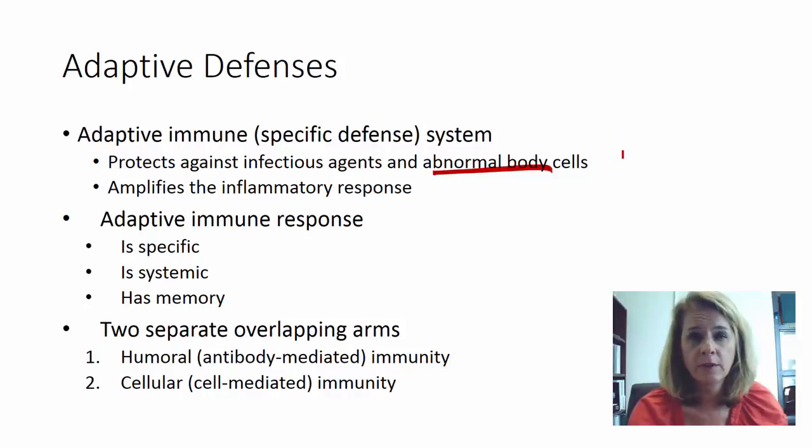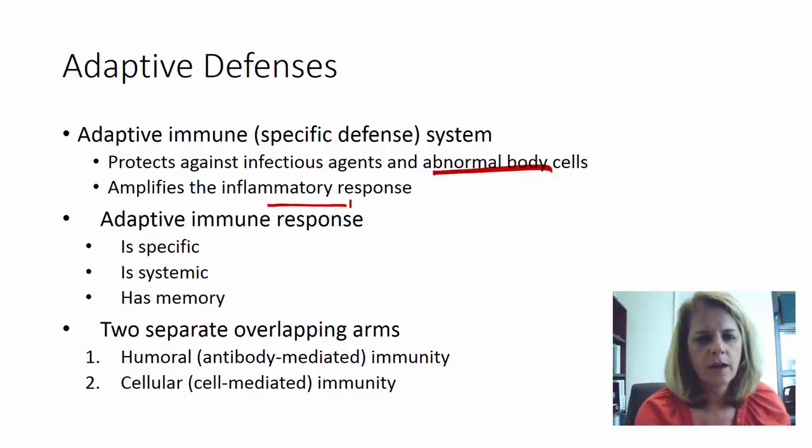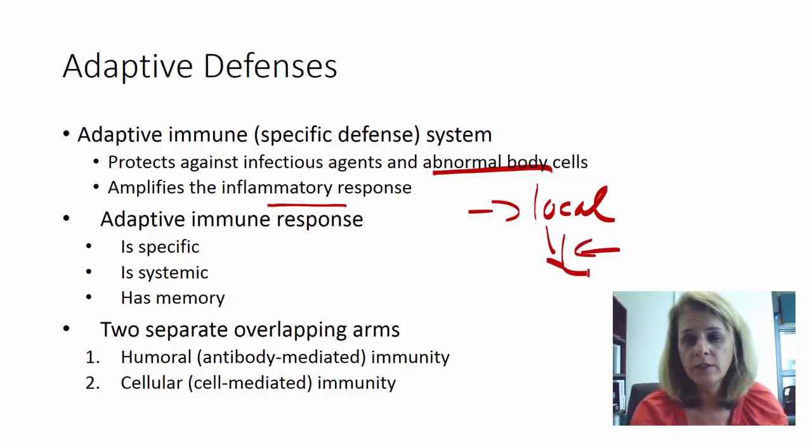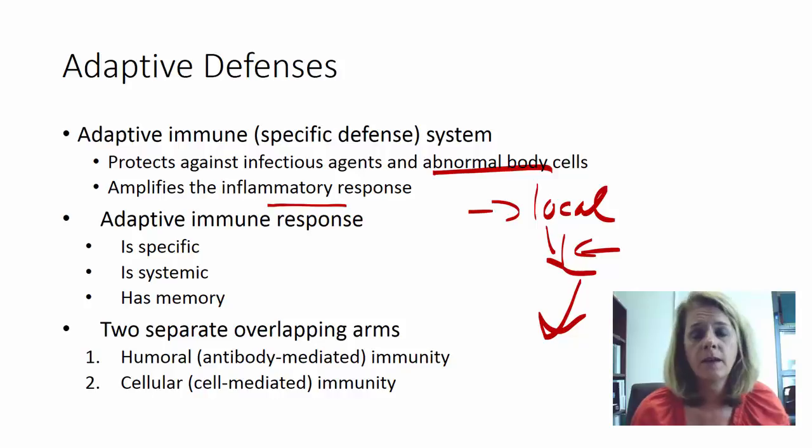One of these adaptive defense mechanisms would be turned on, and it amplifies an inflammatory response. Remember, inflammation is local. Maybe something has entered your bloodstream, and you've tried to attack it locally, but now it's gotten into your bloodstream and is spreading widely. This is a way to enhance that and then to attack whatever may be systemic in your body.